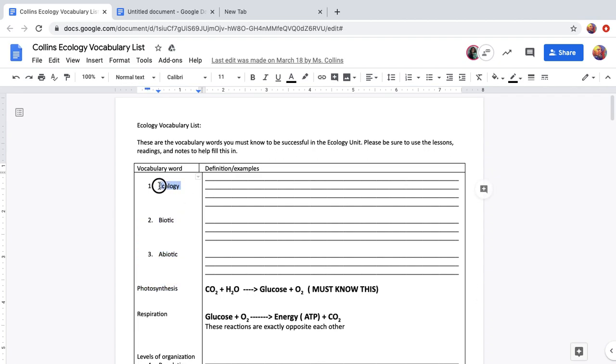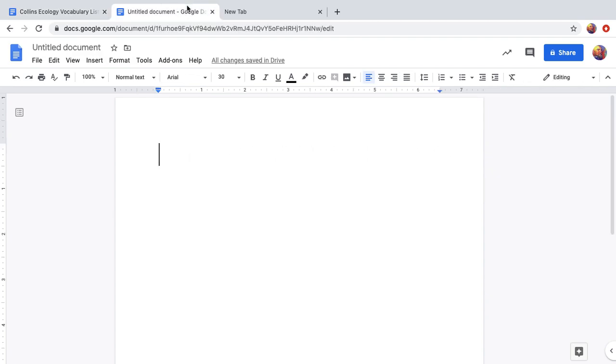The first word on your vocabulary list is ecology. So ecology is made up of two parts, right? Eco and ology. They do this tricky thing here where they use this O for both the prefix, which is eco, and the suffix, which is ology.